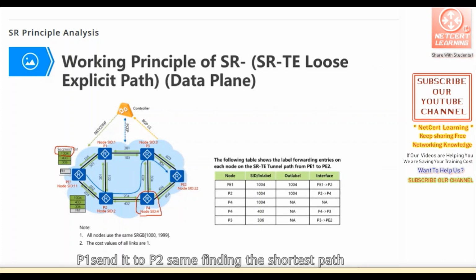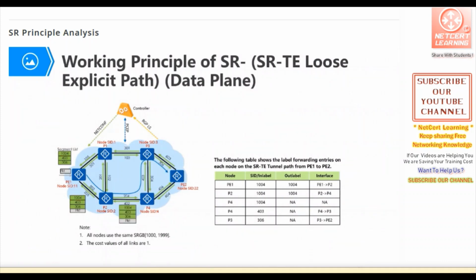So P1 sends it to P2, and P2 the same, finds the shortest path to this node, P4. When the packet reaches P4, P4 will find on the top that this node ID is itself, so it will remove the 1004. When it removes the 1004, 403 will be on the top. And 403 is not a node ID, it is an adjacency SID.